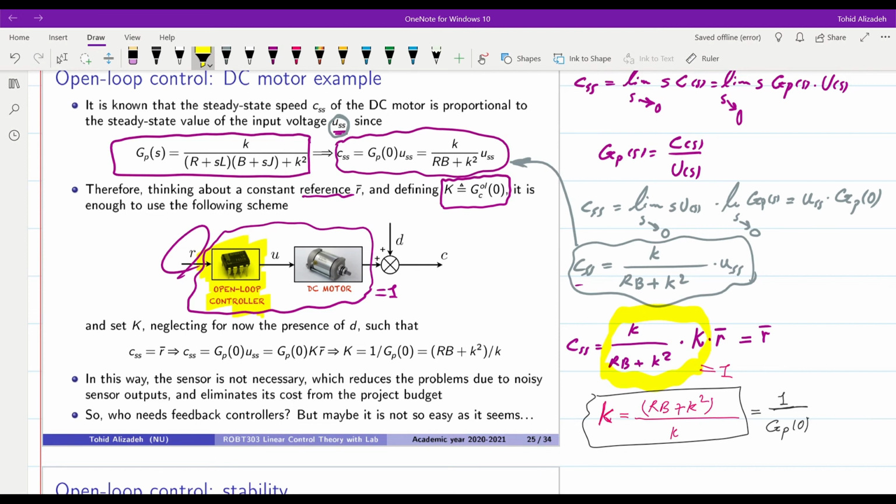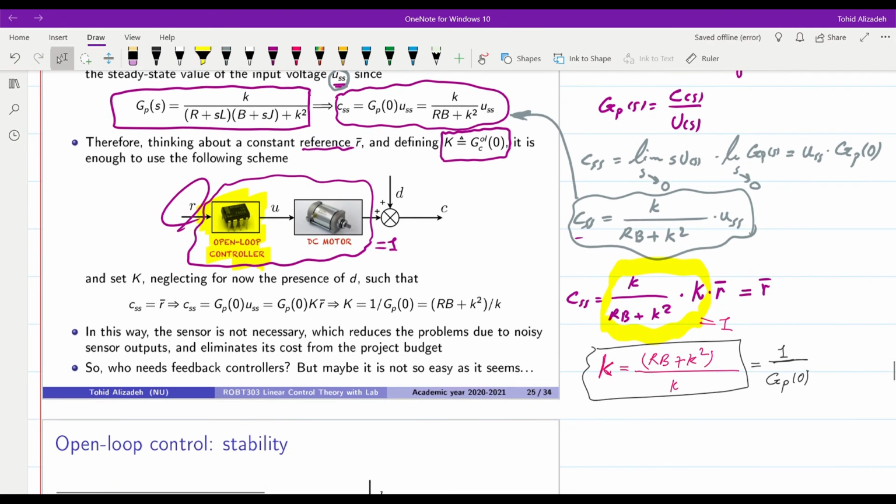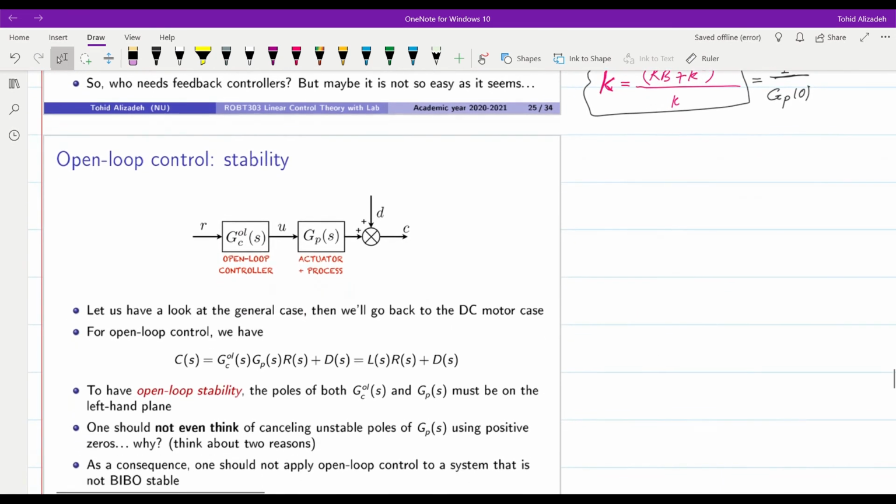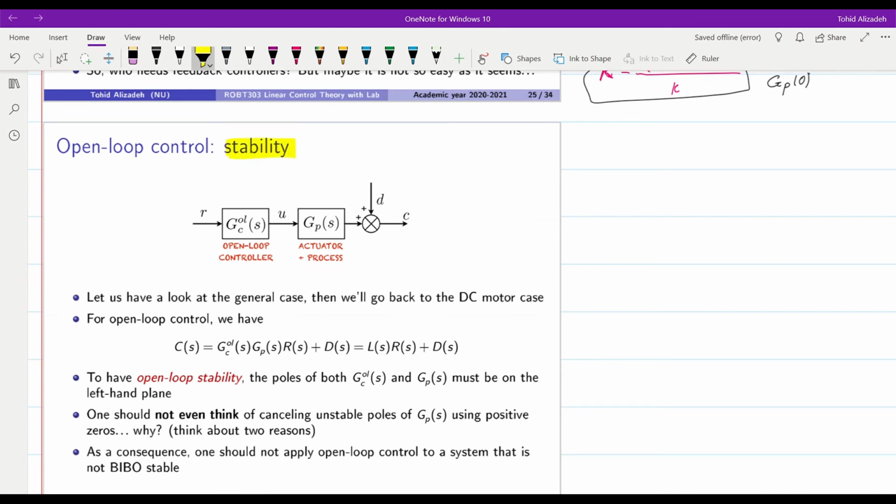But why don't we just continue with the open loop controllers, and why do we choose to use the closed loop controllers? There are a couple of reasons. The first one that we are going to consider is regarding stability. Our plant, the actuator plus process that we have here, GP of S, might not be stable at the beginning, or it might be an unstable plant on its own.